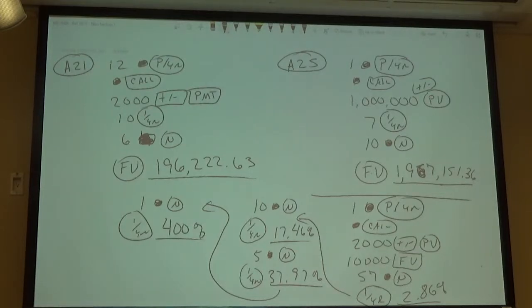Because we're basically buying it for 2,000 and selling it for 10,000. Over a year, that's a 400% rate of return. Over 57 years, that's 2.86. So my point is, the shorter the time you hold something, the better.